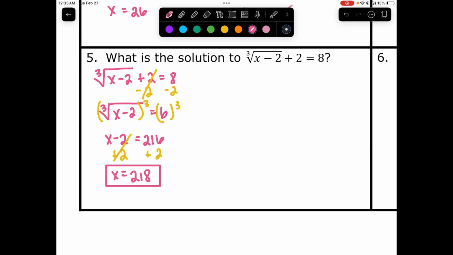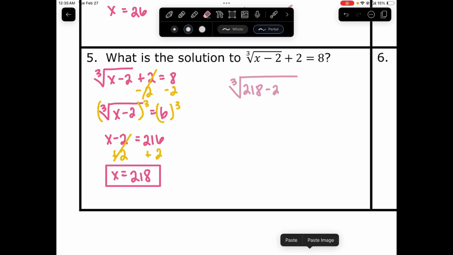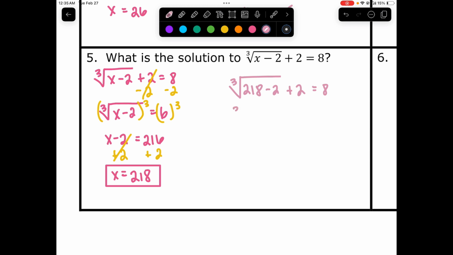Make sure it's right. I keep making these so long. Yup. All right, moving on.